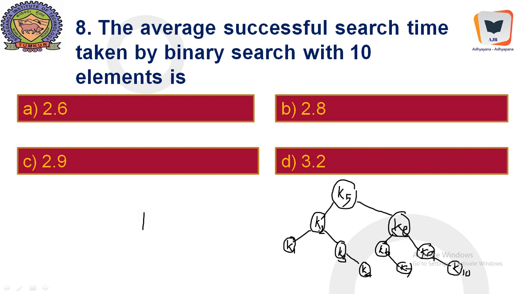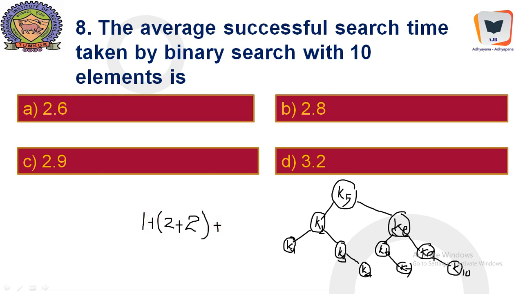If you are searching for K2, 2 comparisons. And if you are searching for K8, it's once again 2 comparisons. K8 is greater than K5, therefore you will traverse towards the right of the tree, and you will find K8. By that time you would have done 2 comparisons. So at this level it will be 3 comparisons. So 1 plus 2 plus 2.